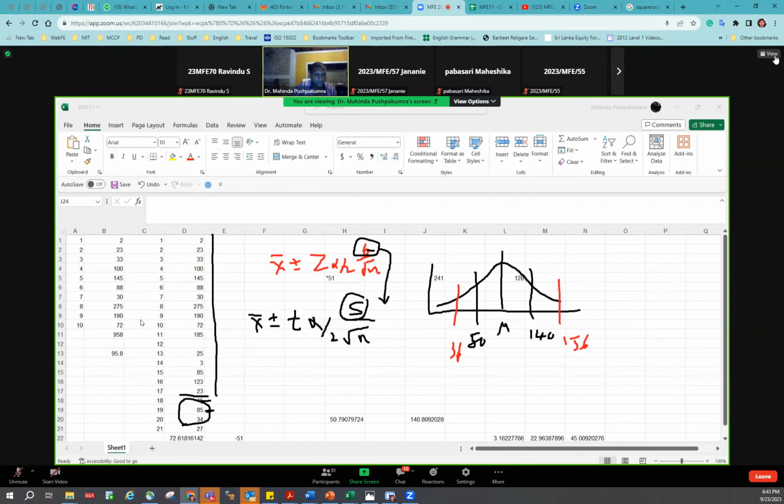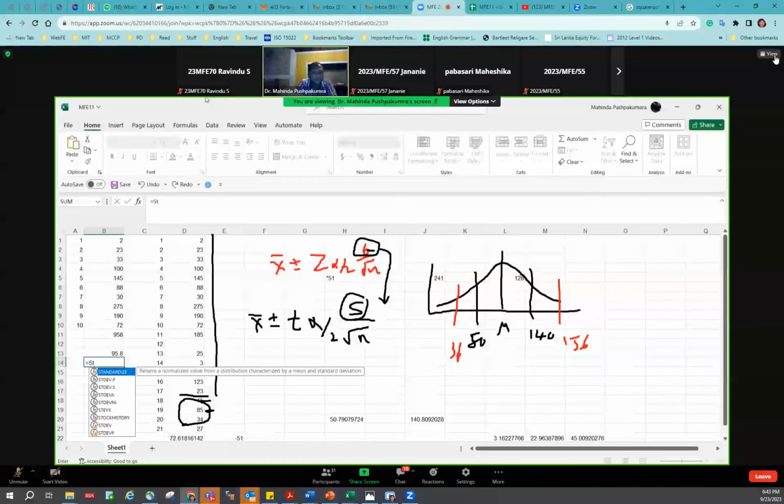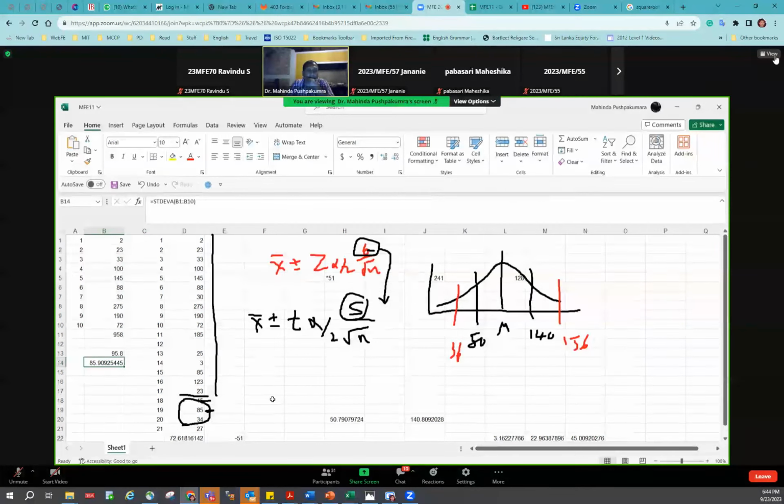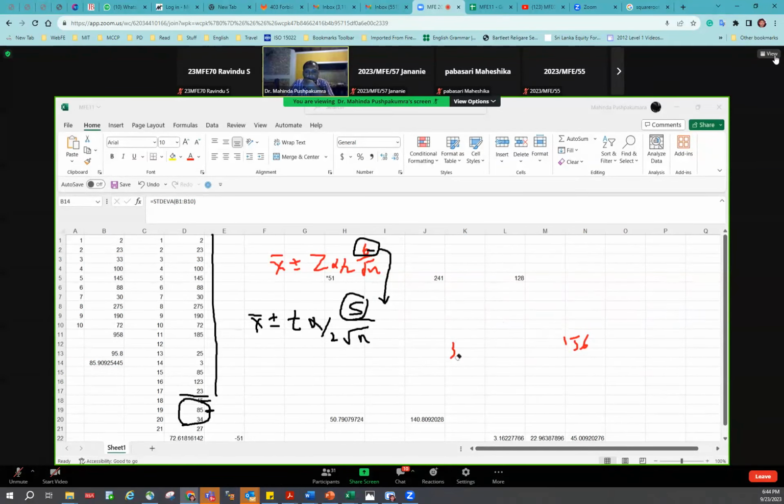You have the data sheet with you, so you can calculate the sample standard deviation.